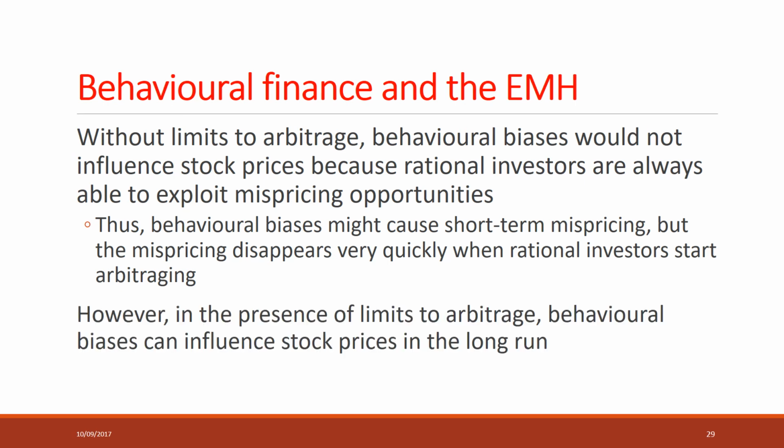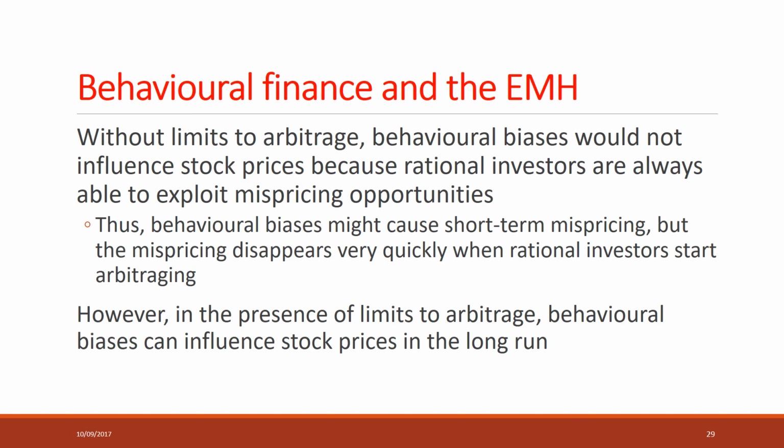Only when we have irrational investors and at the same time we have limits to arbitrage, then behavioral biases can influence stock prices in the long run. So the implication here is that the presence of behavioral biases in financial trading by itself does not mean that the market is not efficient.